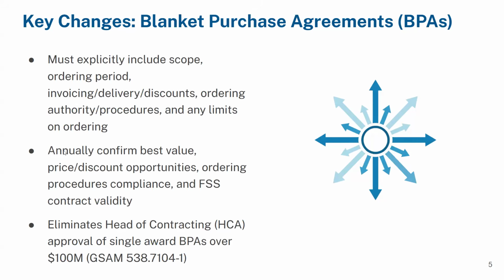Another change is that it now requires an annual confirmation of best value for all BPAs en masse. It talks about looking for additional price discount opportunities, ensuring that BPA procedures are being followed, and ensuring that the underlying MAS contract is still valid for the BPA. And one of the things that was eliminated was the required HCA approval of a single award BPA over $100 million.